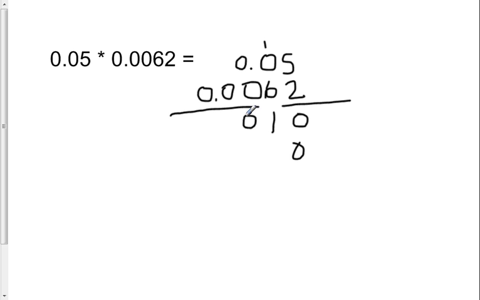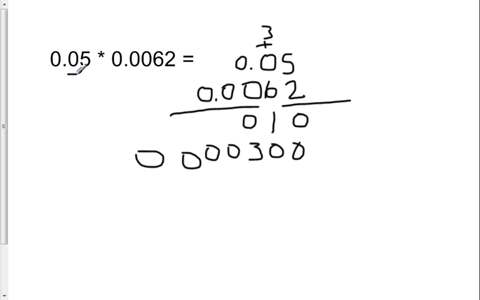We have nothing there. 6 times 5 is 30. 6 times 0 is 0, plus 3 is 3. Okay. And then I've got my 6 times 0, my 0 times 0, with 0 as that placeholder, that whole number.